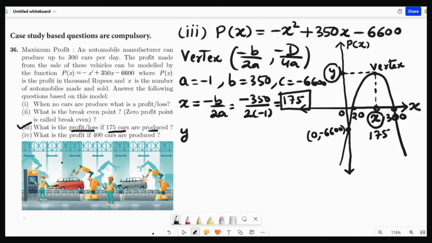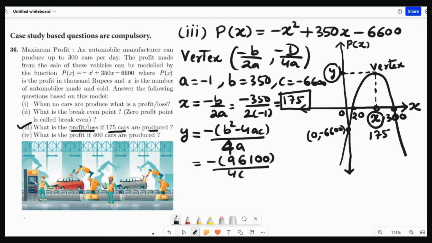Now let's calculate the y coordinate of the vertex. That is minus (b square minus 4ac), that is minus D by 4a. Once we substitute all the values, we get negative of (350 square minus 4 times negative 1 times negative 6600). The discriminant on calculation gives us 96100, of course a perfect square, divided by 4 times negative 1.